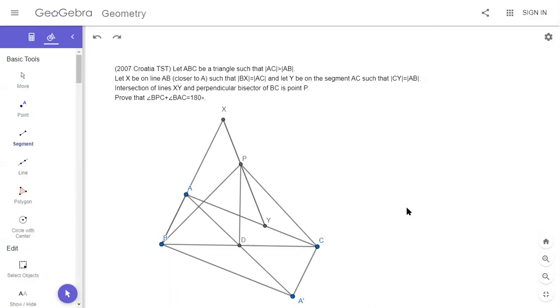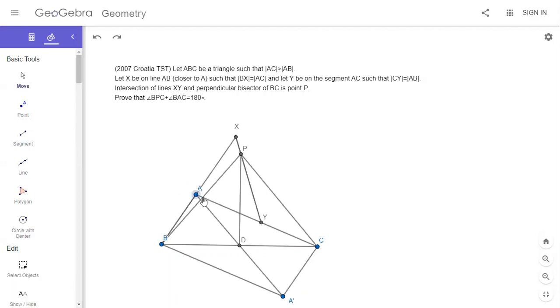Yeah, I'm just thinking how to state this. Is A prime BD isosceles? I don't think necessarily.